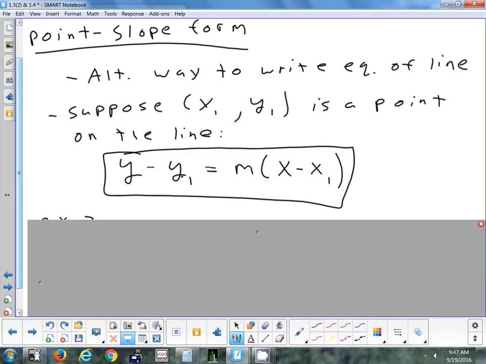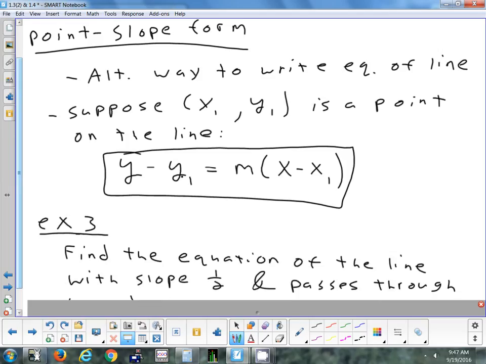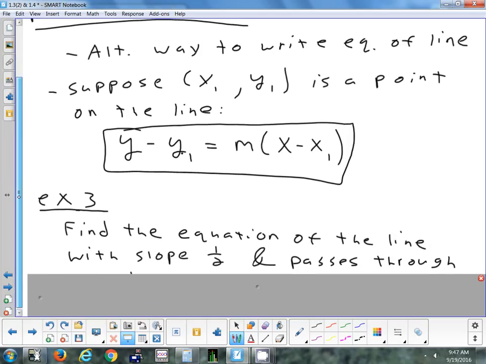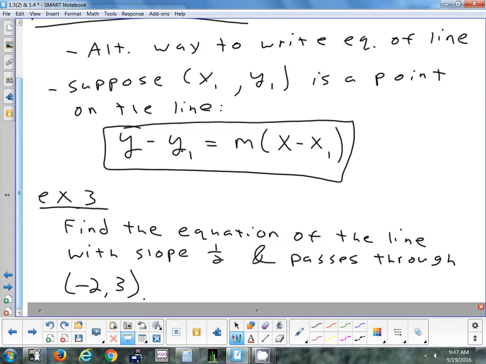The formula is y minus y1 equals m times x minus x1. I'm going to use that formula to answer example 3. It says find the equation of the line that has a slope of a half and it goes through the point negative 2, 3.